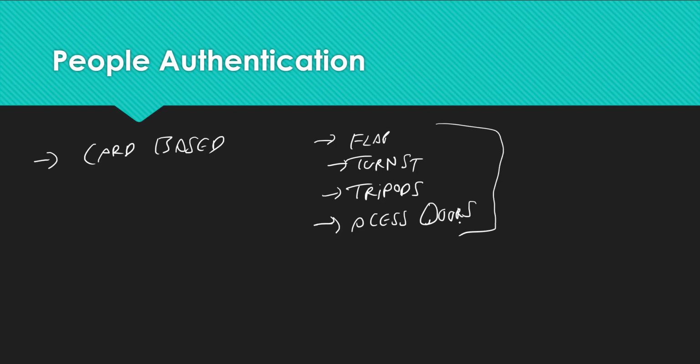So you have issued the cards to the employees. Now they can swipe their cards, and they will get authenticated or verified by the system and get the access. So this is one way of checking the authentication.